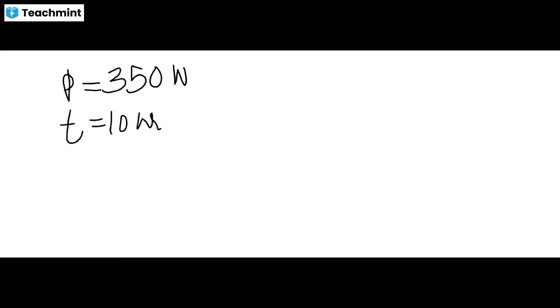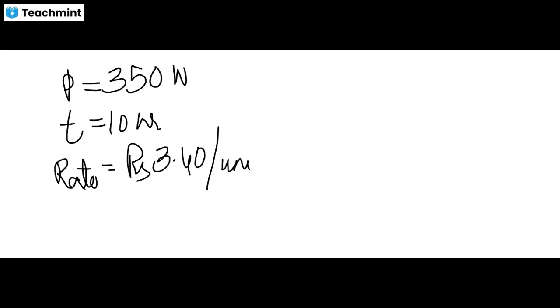The rate of electrical energy is given, rupees 3.40 per unit. You should calculate the cost of using that refrigerator for 1 month. So this is a 4 marks question. Energy you should calculate first.